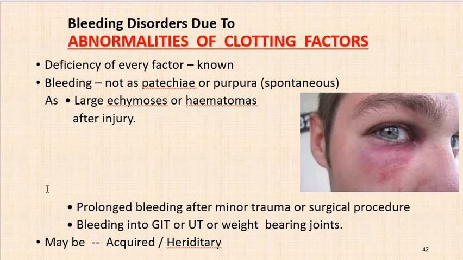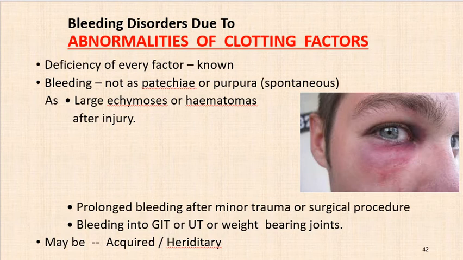In these conditions, that is in abnormalities of clotting factors leading to bleeding disorders, there is prolonged bleeding after minor trauma or surgical procedure. After minor trauma or minor surgical procedure, there is prolonged excessive bleeding. The bleeding may be into the GIT or urinary tract or in weight bearing joints.